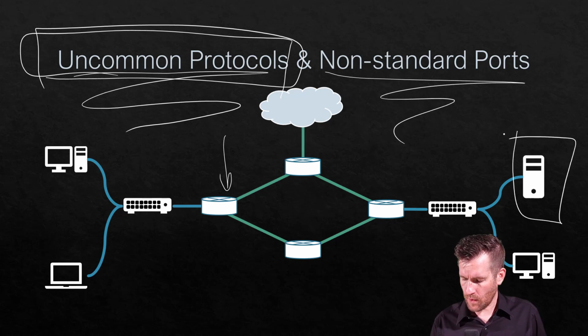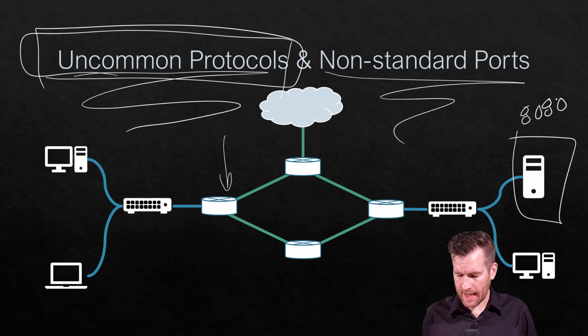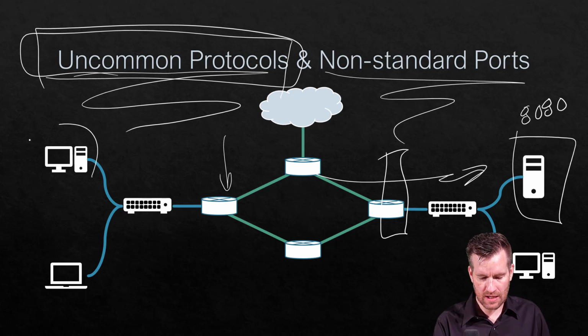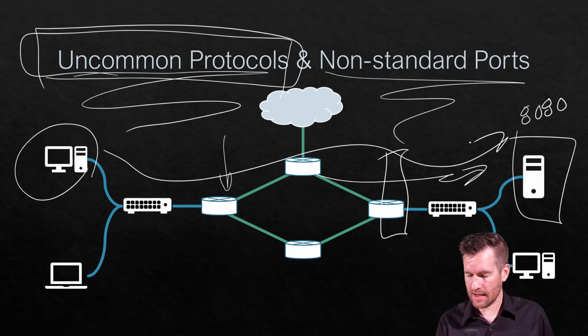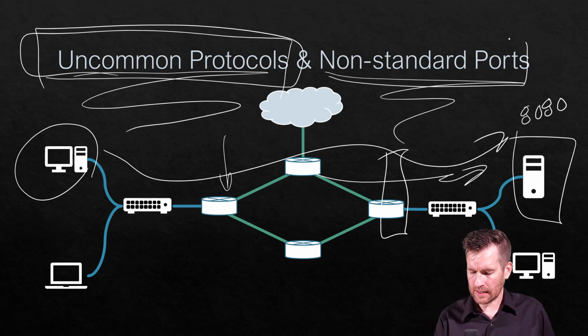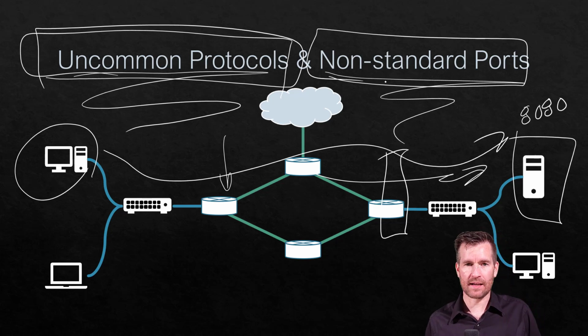So maybe this is a web server, and instead of port 80, maybe they set it up as port 8080. We could see issues with that if traffic is getting blocked at a firewall and can't get to it, or perhaps a machine is trying to connect to port 80 rather than port 8080 because it's not specified. So if we use non-standard ports, then we can also sometimes see issues crop up.